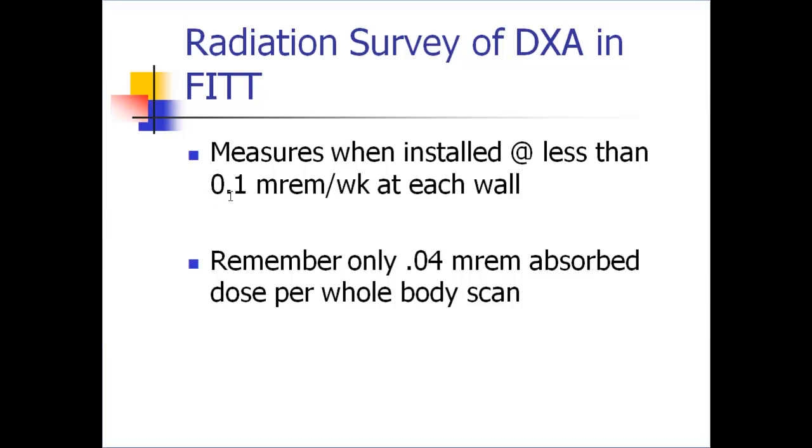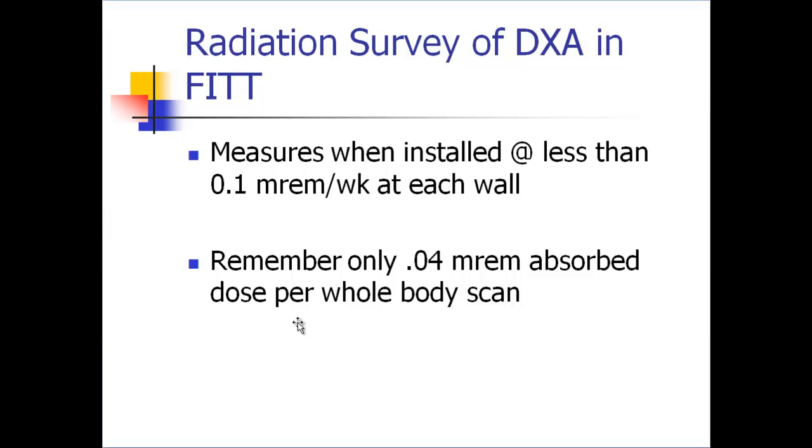And when it says less than 0.1 millirems per week at each wall, that's because that's the highest sensitivity that the detector has. In other words, it can't detect lower than 0.1 millirem per week, and so that's what we're getting at each wall, and it's actually probably lower.